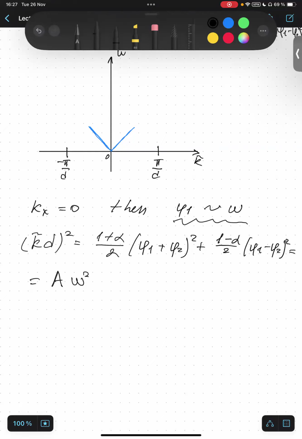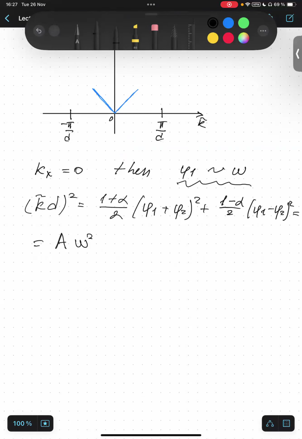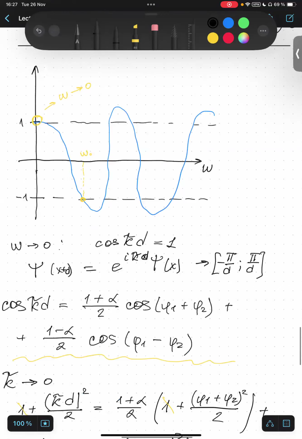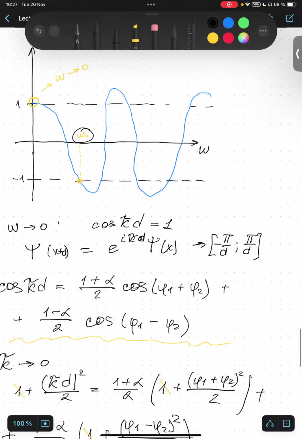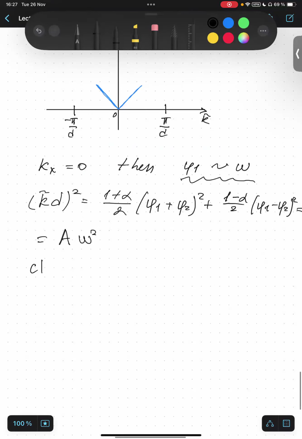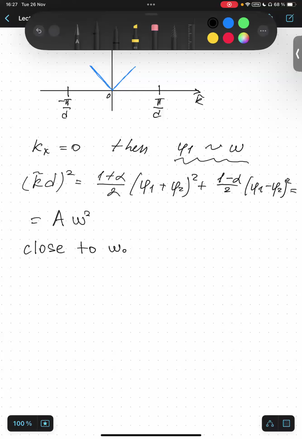But what's next? We can analyze the band gap. So when we are close to omega 0, it means that our kd in the sine must be somewhere in the vicinity of pi.